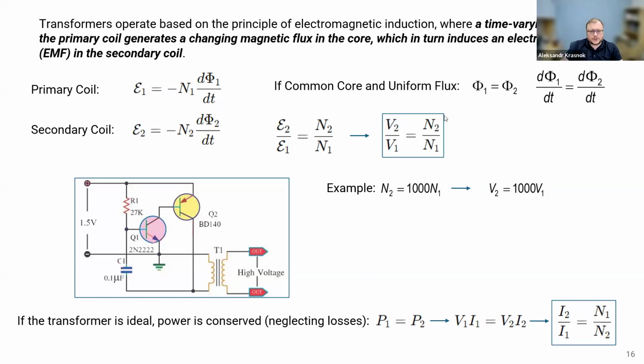Comparing to the ratio of the voltages. So if you increased the voltage by a factor of 1,000, you reduced the current also by a factor of 1,000. In a perfect case; in a real case, of course, this will be even less. So such a device is completely safe.